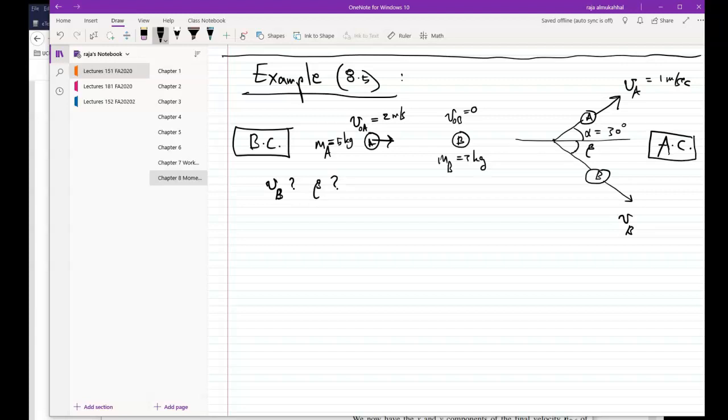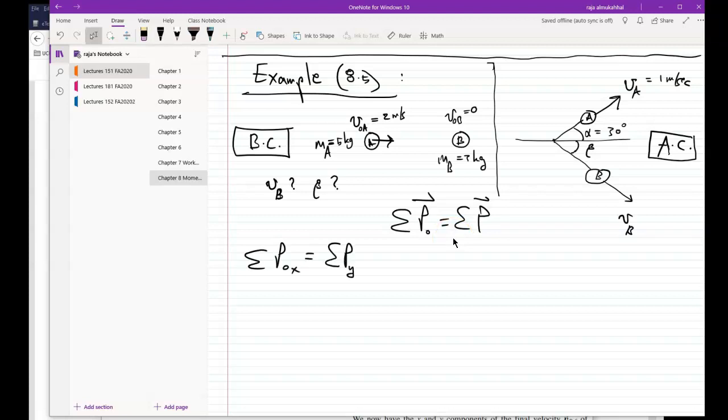So how do we do this problem? Exactly the same technique that we have been following: you use the conservation of momentum. Sigma P naught equals sigma P. However, since I have 2 dimensions here, x and y, I'm going to break this equation up.